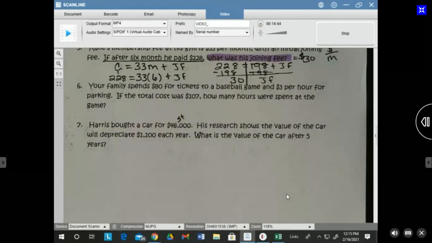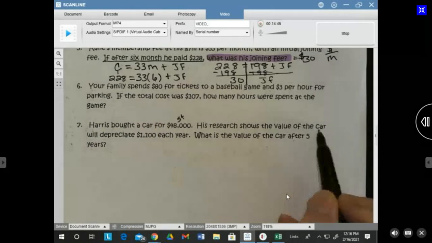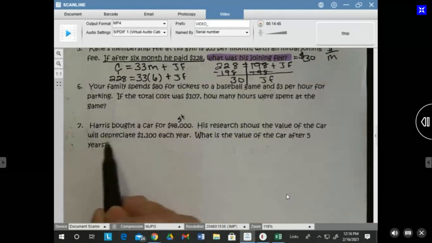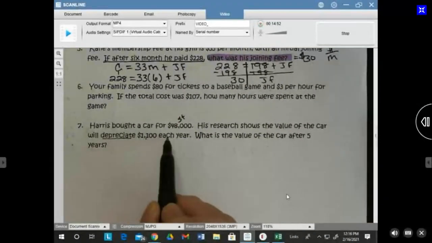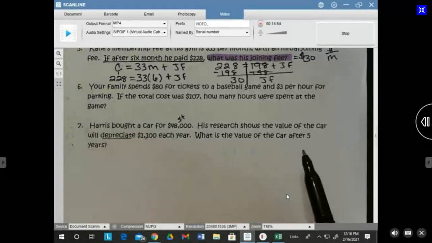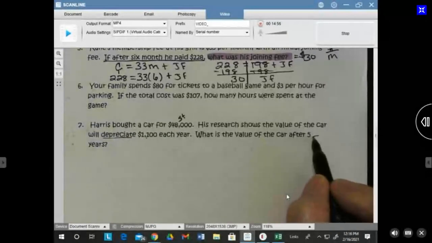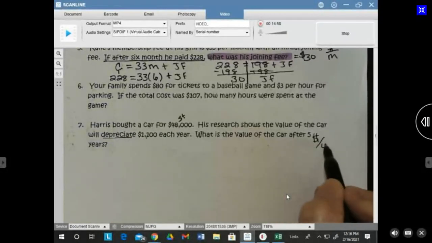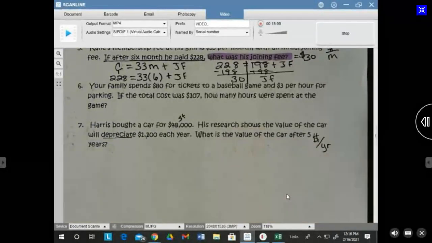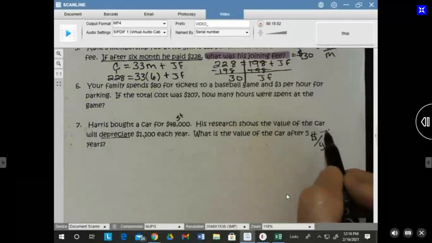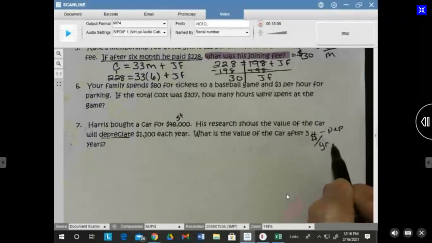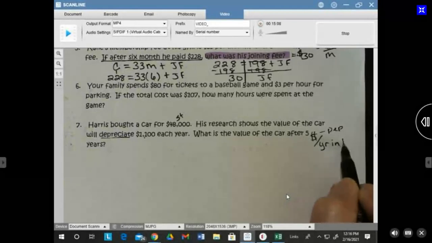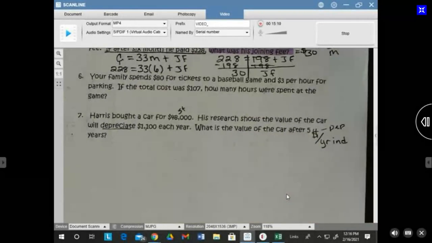His research shows that the value of the car will depreciate $1,100 each year. Dollars per year. Dollars are going to be my dependent, and the year is going to be my independent.